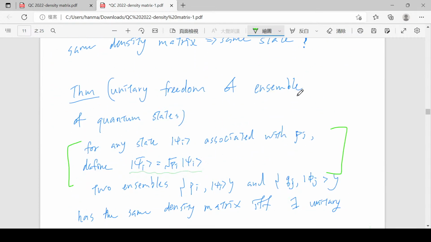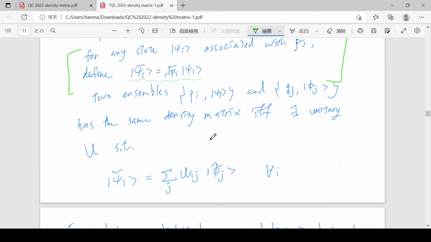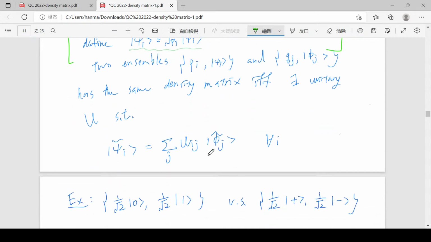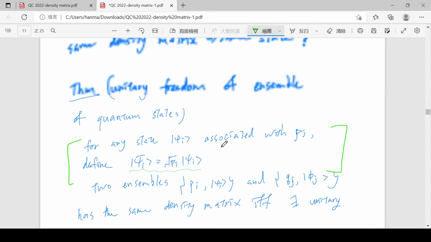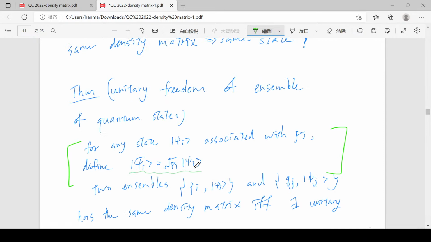But anyway, here we are characterizing what kind of ensembles have the same density matrix. The theorem says that they have the same density matrix if they are associated with some unitary in this way. So first we define the subnormalized state, just like before.